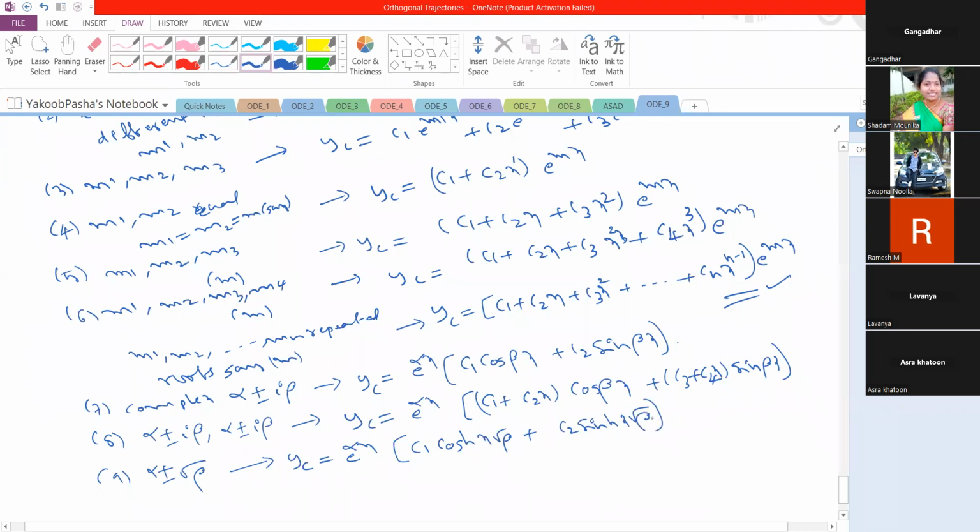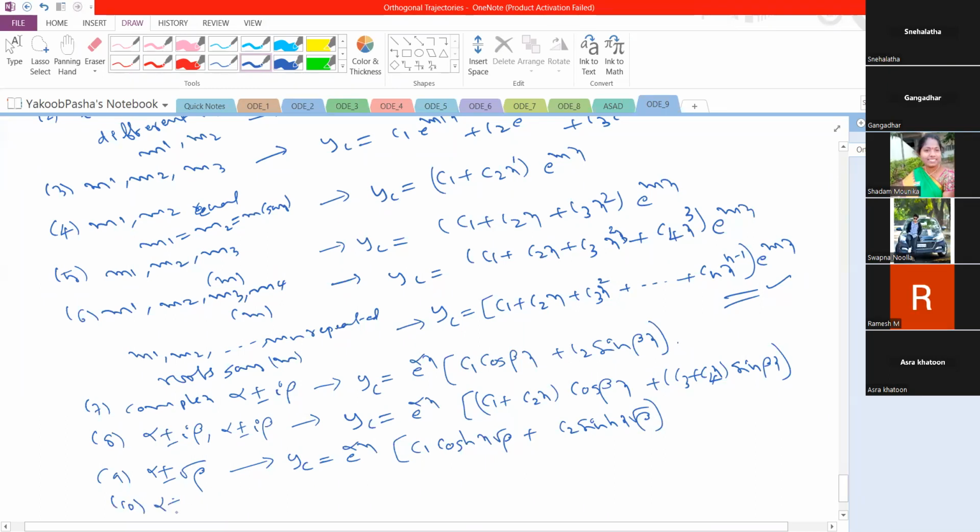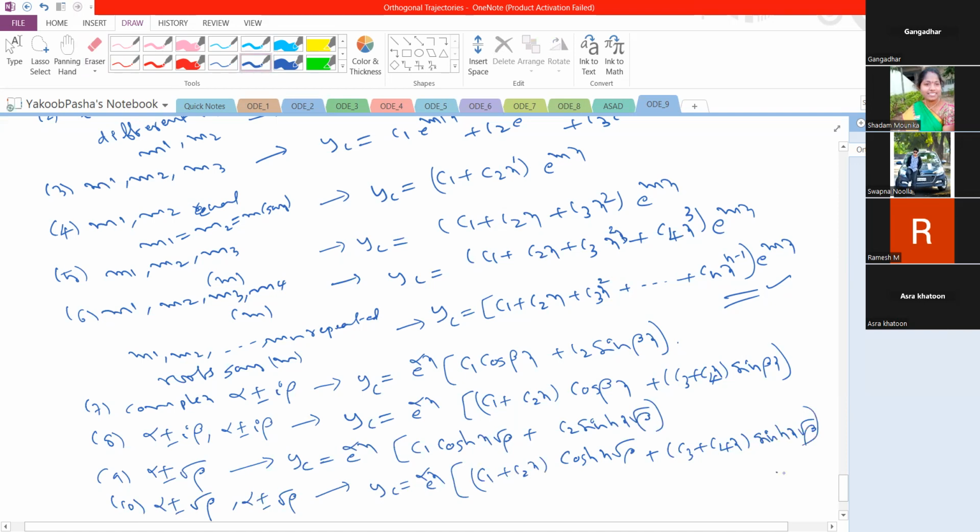If the surds are repeated, alpha plus or minus root beta and alpha plus or minus root beta, then the corresponding complementary function is e to the power of alpha x into ((c1 plus c2 x) cosh(x root beta) plus (c3 plus c4 x) sinh(x root beta)). These are the rules to write the complementary function.